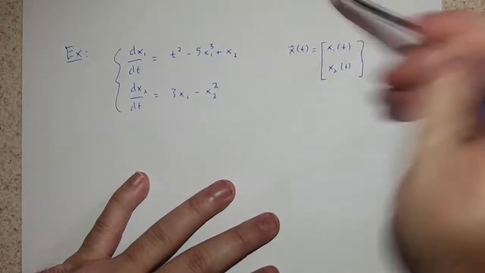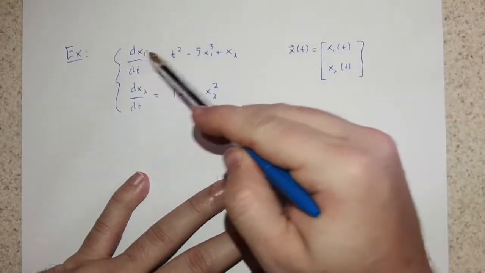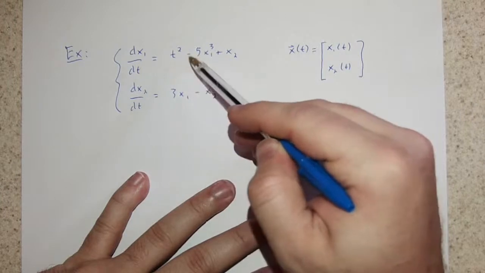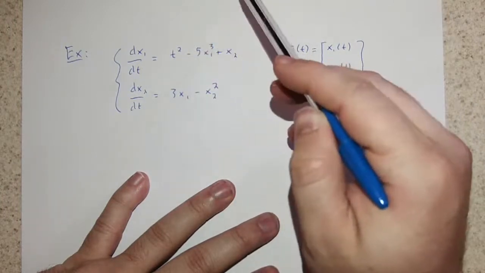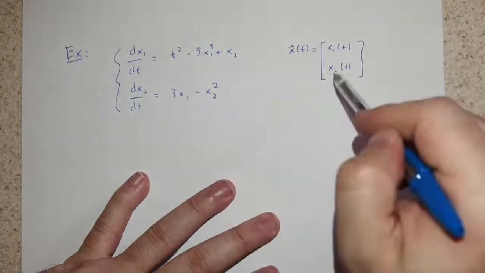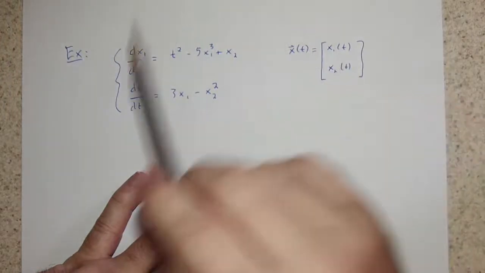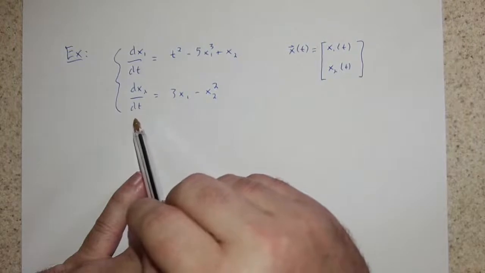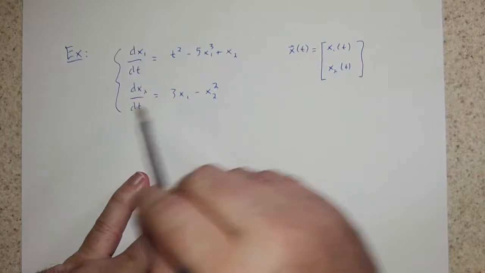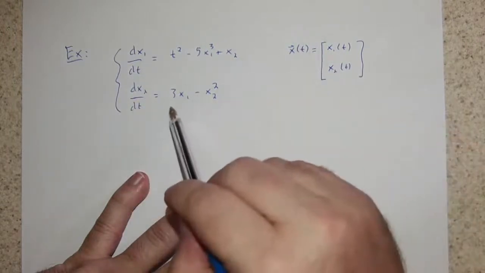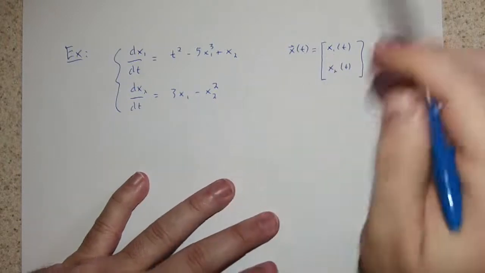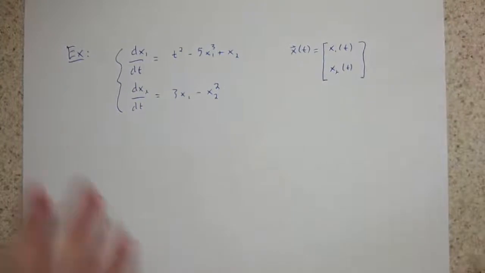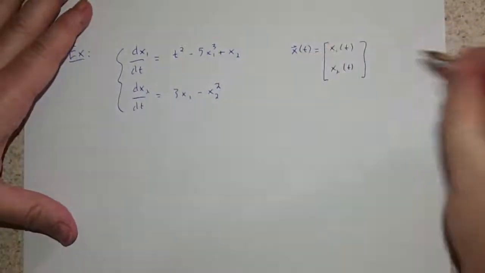When you take the derivative of x1, what you get is t squared minus 5 times x1 itself cubed, plus x2, which is the unknown solution to the second equation. When you take the derivative of x2, you get 3 times x1 minus x2 itself squared. So this is an example of a nonlinear system.